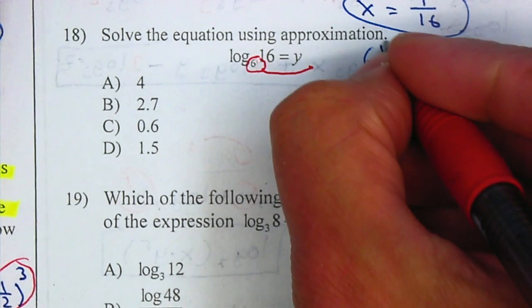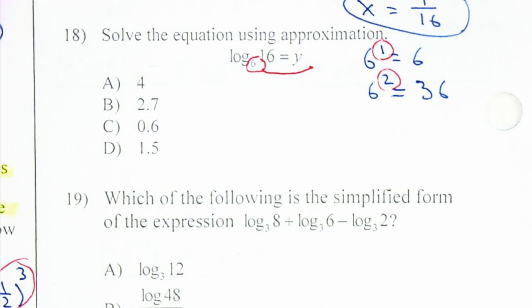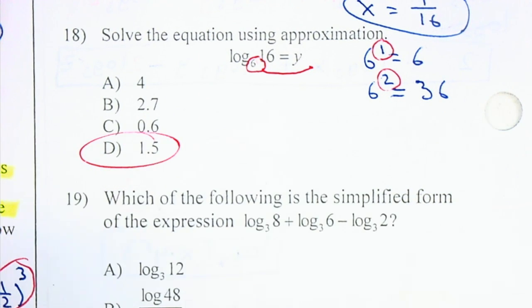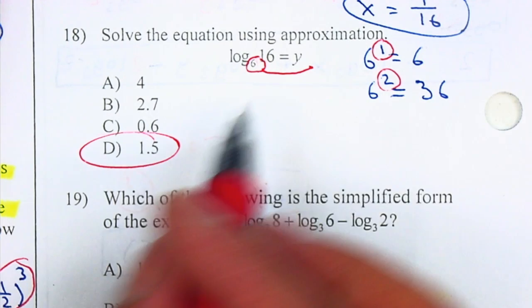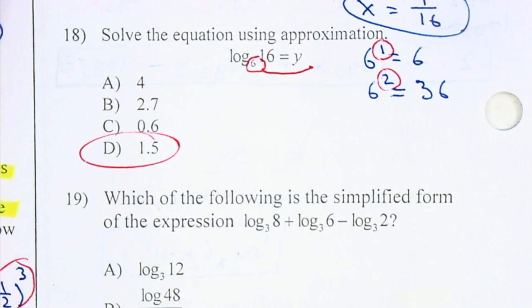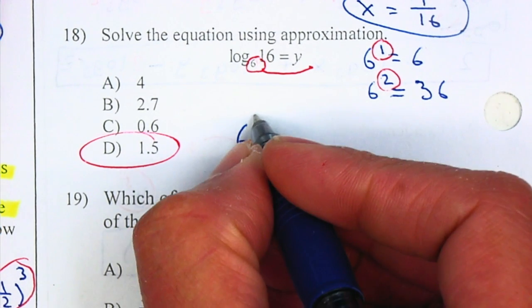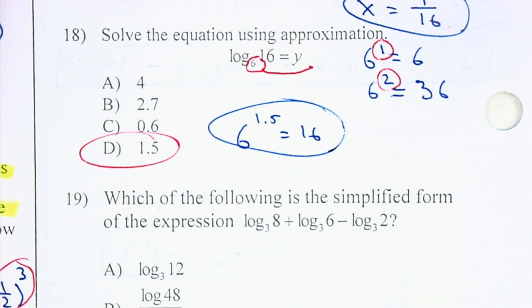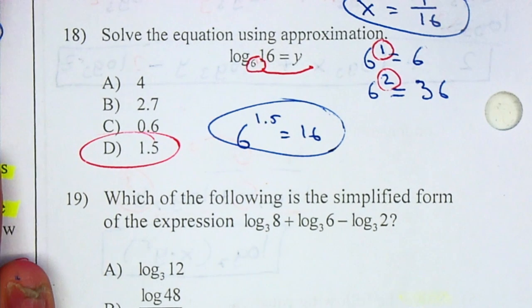That's too big. So your number is between 1 and 2. And if you notice, the only number between 1 and 2 will be 1.5. So it means that 6 to the power of 1.5 is equal to 16. Letter D.